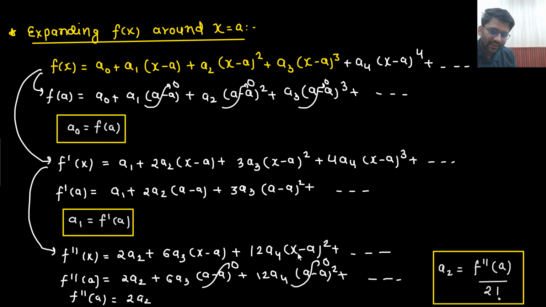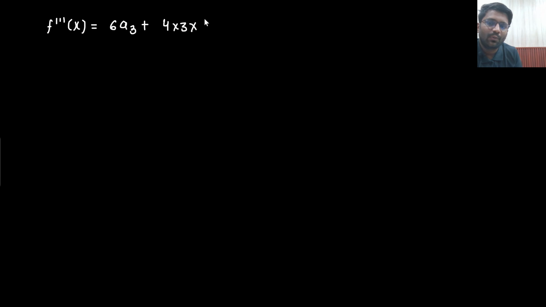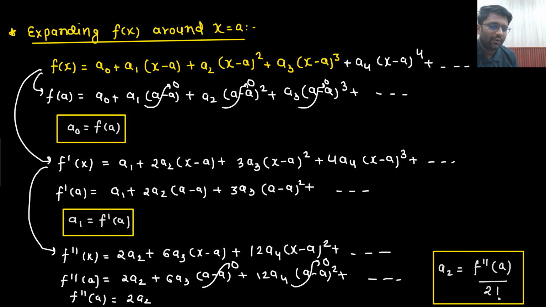Now you are differentiating this factor, 12a4 x minus a whole square. So 2 more will come, no? 2 more will come into a4 x minus a, and so on. Is that clear to you? Completely understandable.